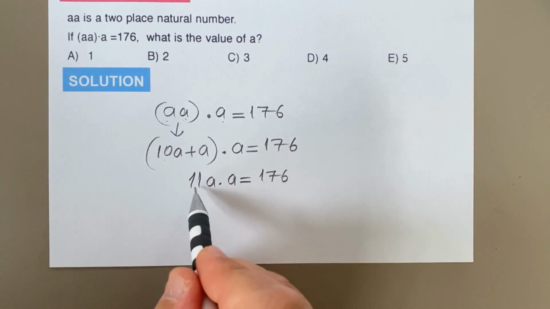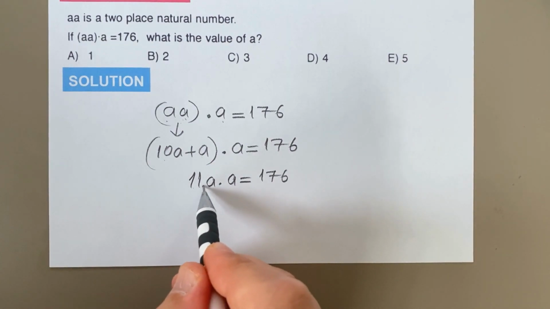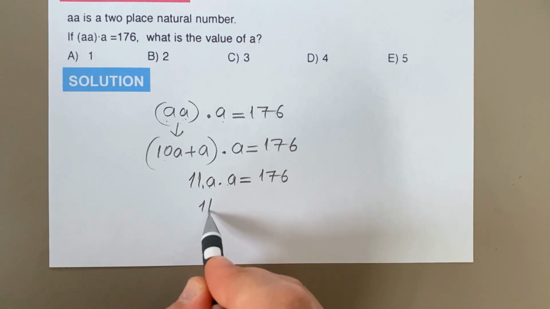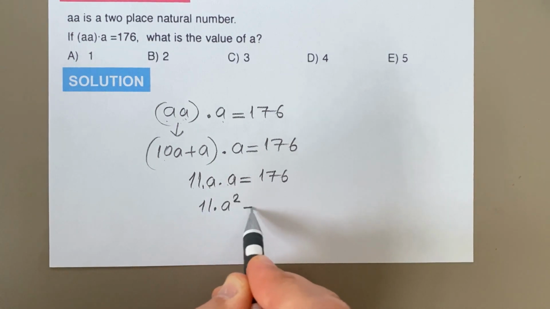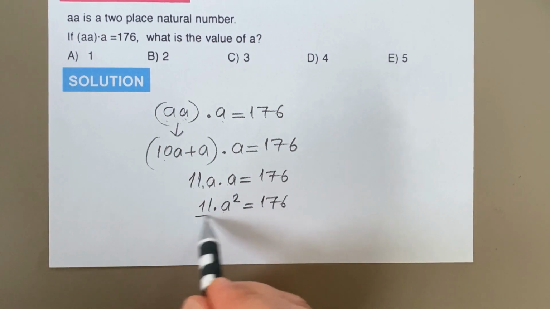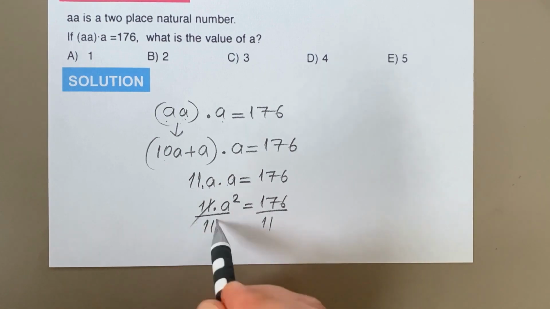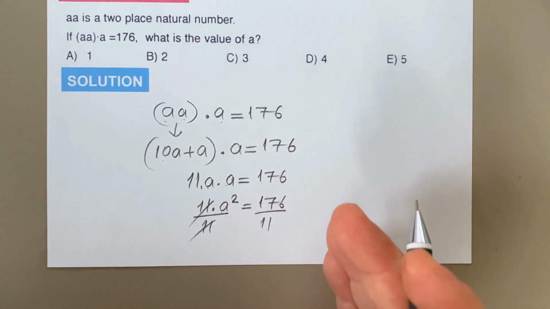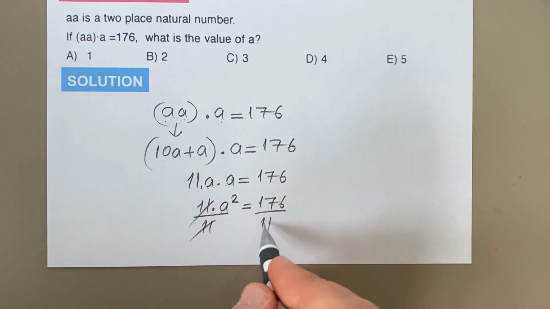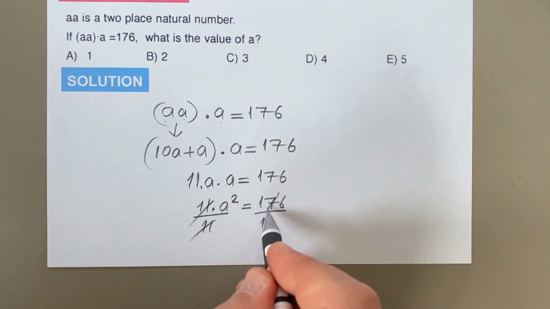Now, this 11A means the product of 11 and A. And A times A is A squared. 11 times A squared equals 176. Now look, when I divide by 11, I showed a tactic with 11 before. Look, the sum of 1 and 6 gives the middle value. So when I divide by 11, it's enough to just erase the middle.